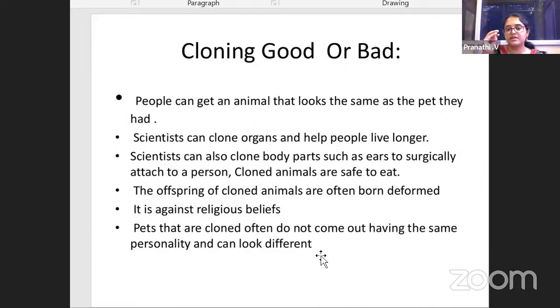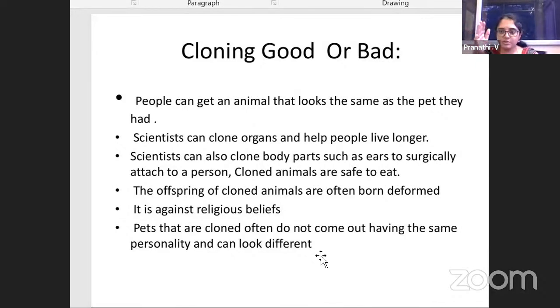An ear has been successfully surgically attached, and also there are genetically modified animals, so it is safe to eat the animal. But usually, the offspring, the progeny of cloned animals, are often born with certain deformities, because it is not the same genetic makeup that we are facing.